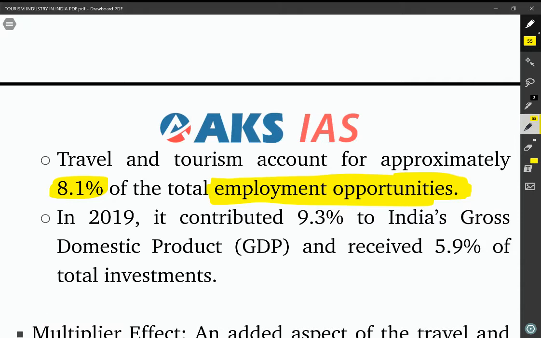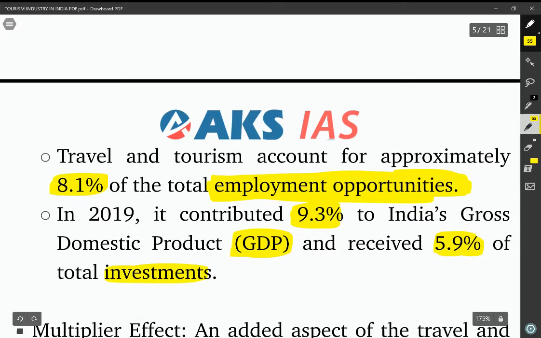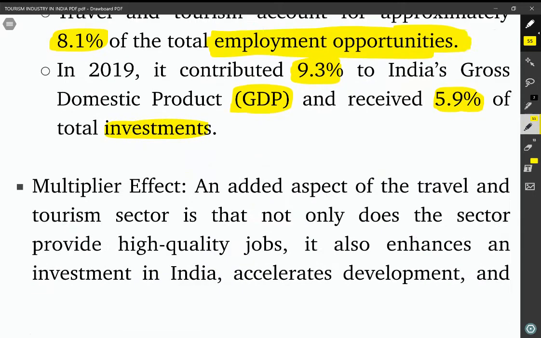In the year 2019, it contributed 9.3% of India's GDP. Travel and tourism accounted for 9.3% of India's GDP and received 5.9% of the total investments in the Indian economy.